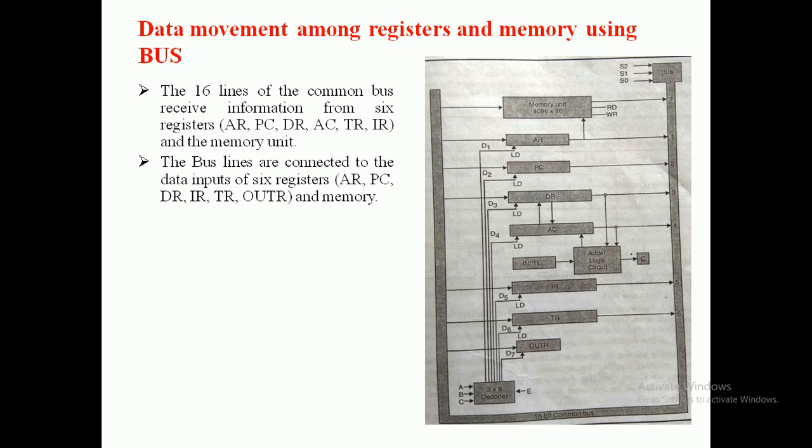With the help of data input lines, we connect these data input lines with 6 registers D1, D2, D3, D5, D6 and D7. The bus lines are connected to the data inputs of 6 registers: address register, program counter, data register, instruction register, temporary register, output register and memory. And with the help of data output lines, the 16 lines of the common bus receive information from memory, address register, program counter, data register, accumulator, instruction register and temporary register.